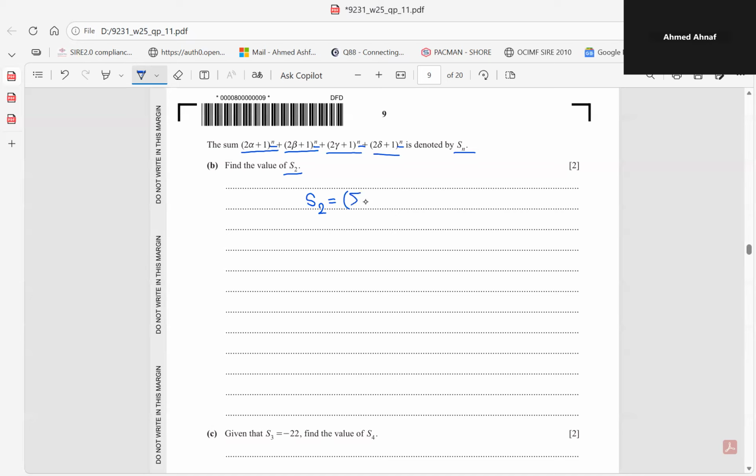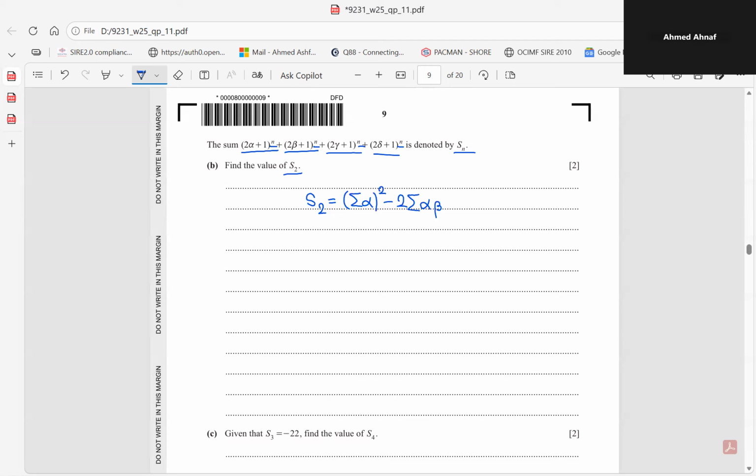So it's just sigma alpha squared, so sigma alpha is your sum of roots, minus 2 times sigma alpha beta. So sigma alpha beta is the sum of your root pairs. So you take two of your roots, you multiply them, and then you add them with another root pair and then you just add all the possible root pair products.